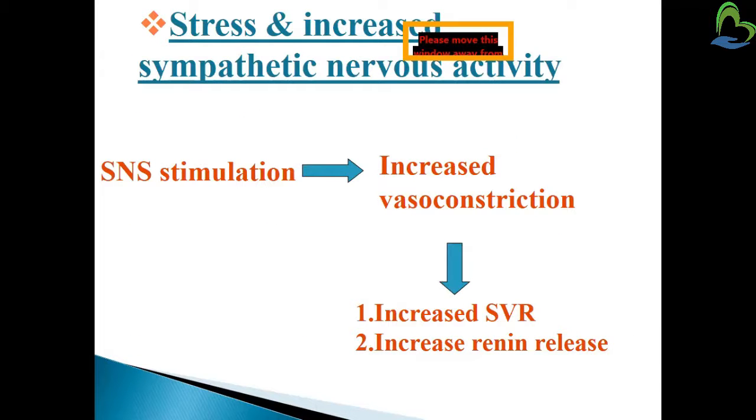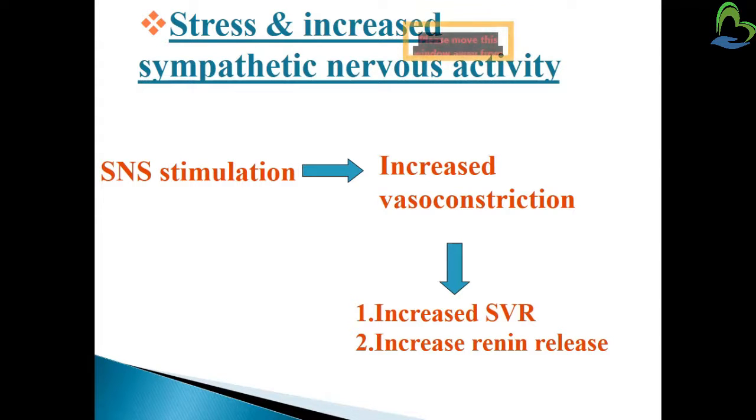Again, stress will increase the sympathetic nervous system activity. As previously we talked, many factors are responsible for blood pressure to increase. These are nervous system activities, hormonal activities, electrolytic activities, which we have talked about in the previous slide. Sodium is one of the responsible factors.